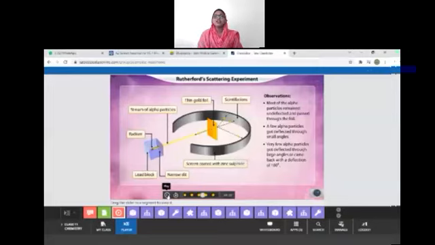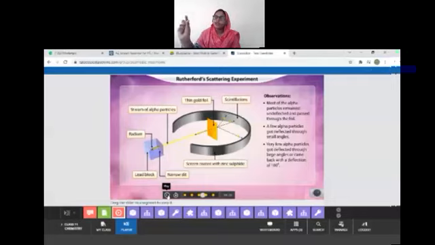Then what is the third observation? A very few alpha particles got deflected through 180 degrees. When does something reflect back through 180 degrees?